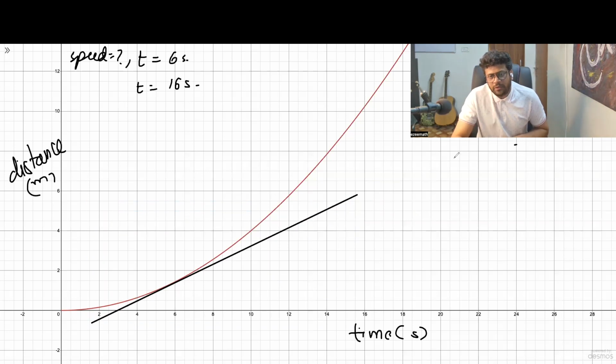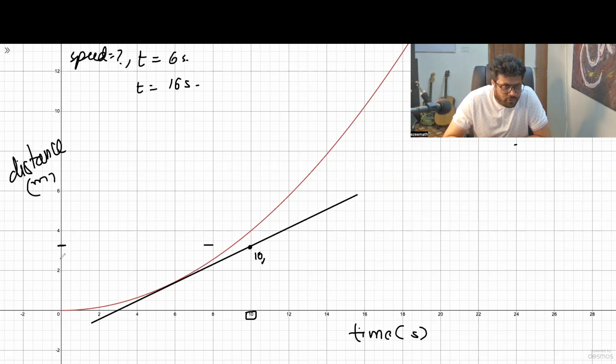Now, what you do is find out the gradient of this line. How do you find out the gradient of this line? Well, I'll read out the values. For example, there's an x coordinate of 10, and corresponding to that, I have a y of about 3.5. Then you take another point, there is a 3 at 0.